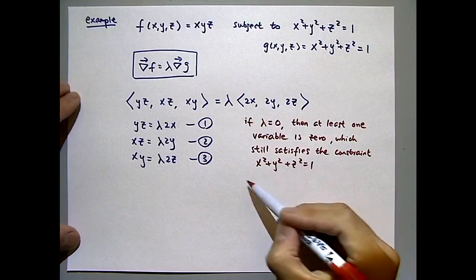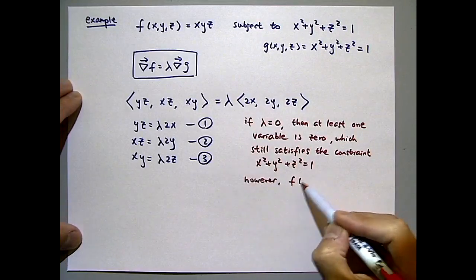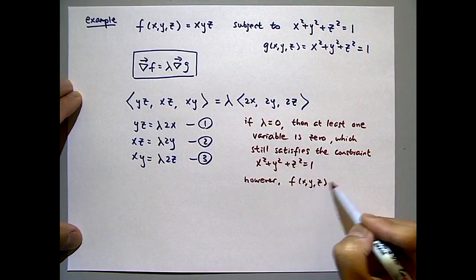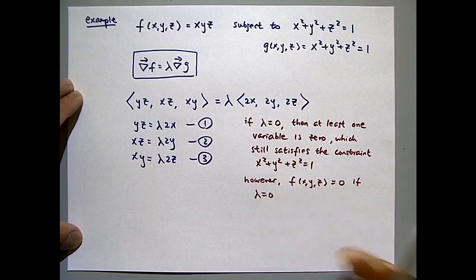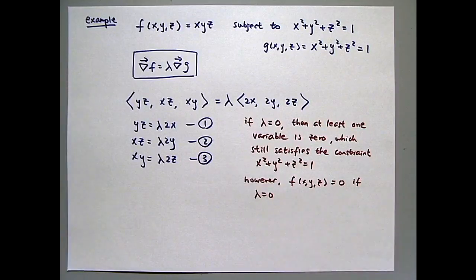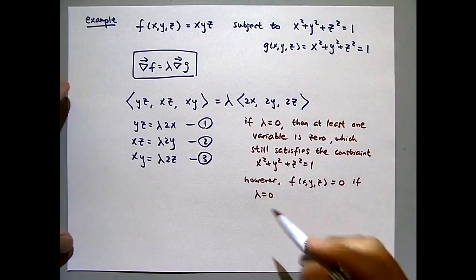However, if lambda is 0, then f is always going to be 0. You see that?